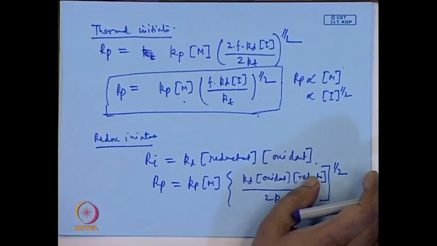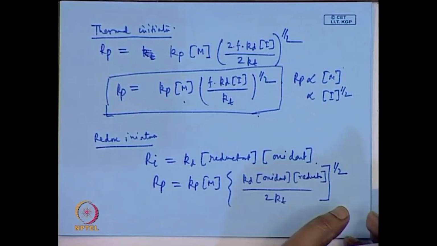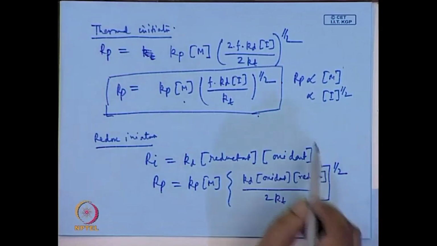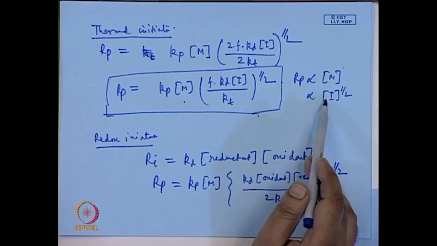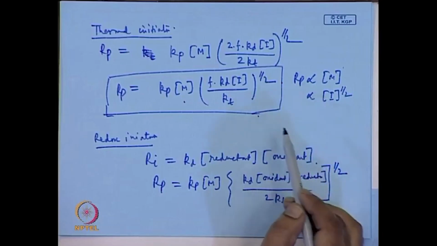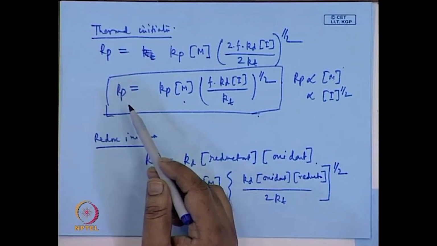So, efficiency actually came down during a reaction. Which also means that as the reaction progresses, both the concentration of monomer and the initiator come down, which means as the reaction progresses with time, the rate of polymerization also comes down.